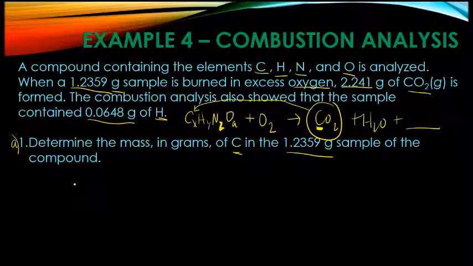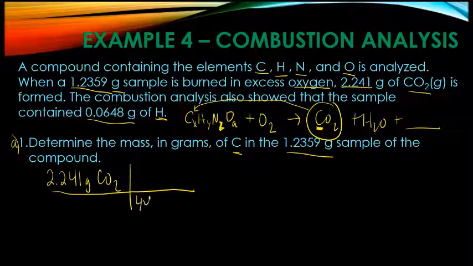It's a simple conversion. So we start with 2.241 grams of CO2, and we have to work it all the way to the grams of the carbon. So 44.01 grams of CO2 equals 1 mole of CO2.